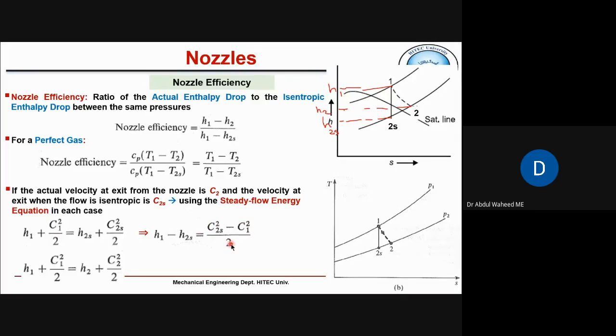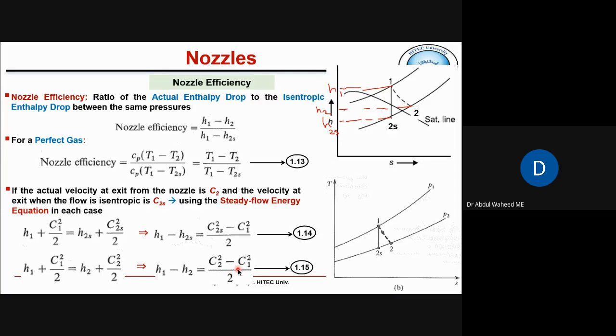Similarly, we can write another equation of energies, h1 plus c1 square by 2, for non-isentropic process, for process 1 to 2. So similarly, we can write delta H, actual enthalpy drop, in terms of kinetic energy change. This is kinetic energy isentropic. This is actual kinetic energy change.